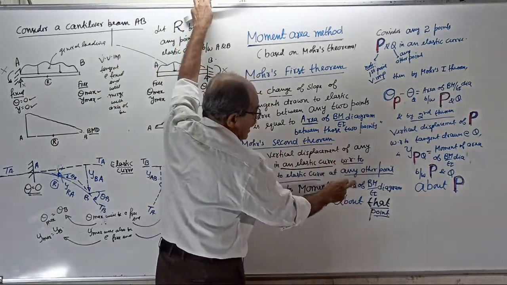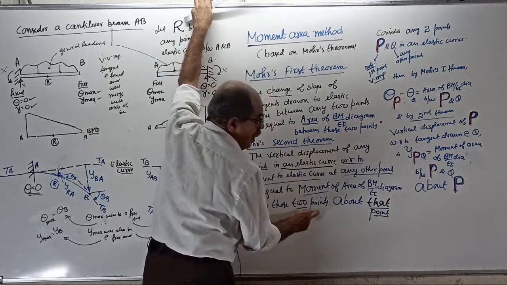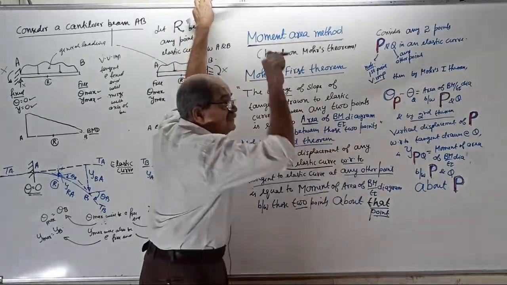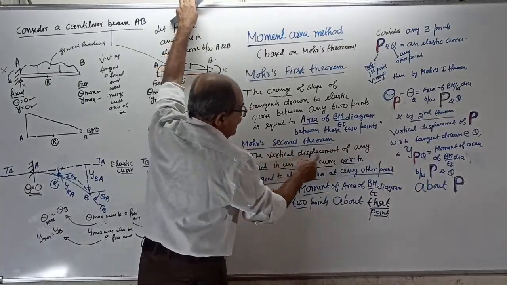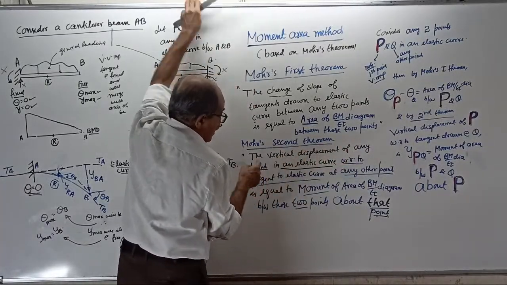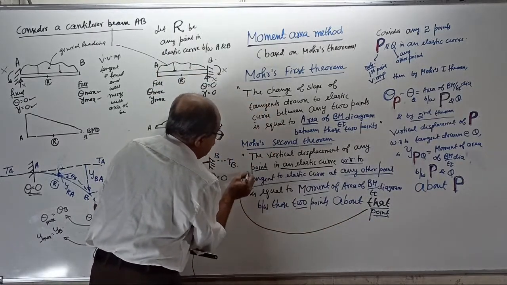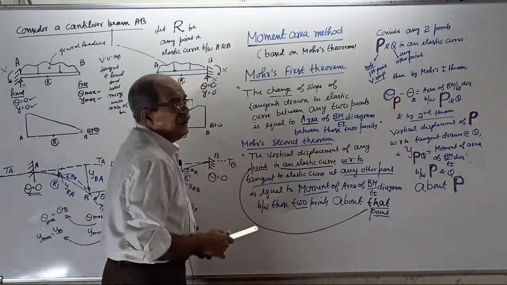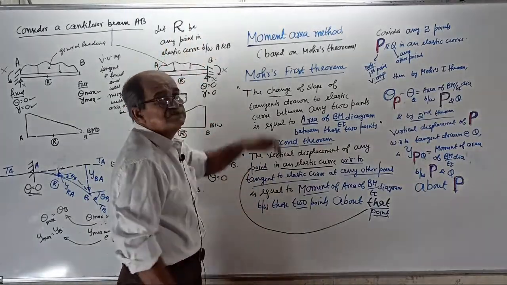Moment of the area of the BM by EI diagram between those 2 points, about that point. Which point? See, the vertical displacement of any point. About that point means the point for which you are considering vertical displacement. So, about the first point.